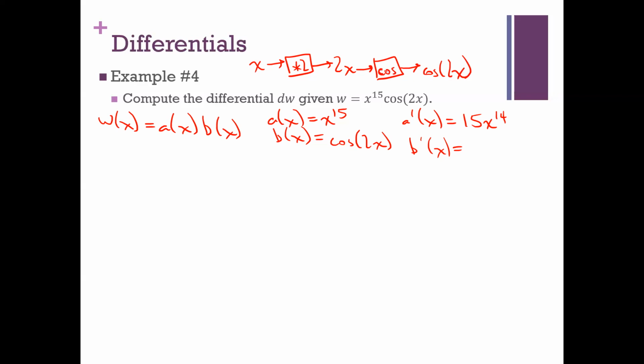What's the derivative of this cosine function? That's going to be negative sine. But what's the input to the cosine function? 2x. And I multiply that by that other function which doubles things. Not 2x, just 2, right? So that first box, I would say this function is called 2x, and this function is called cosine x.